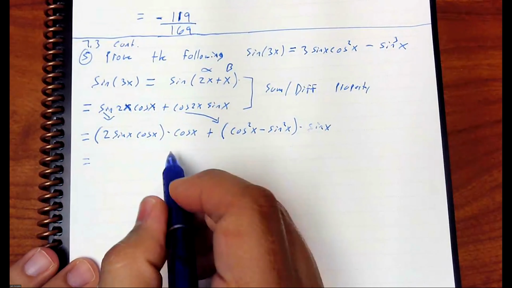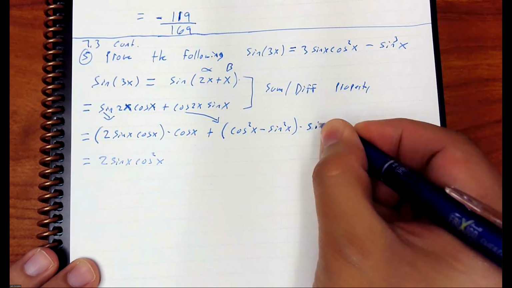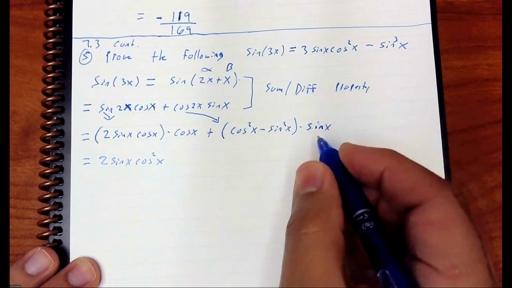Okay, so multiply this out, you're gonna get 2 sine cosine squared. Multiply that out, you're gonna get cosine squared x sine x minus sine cubed x.